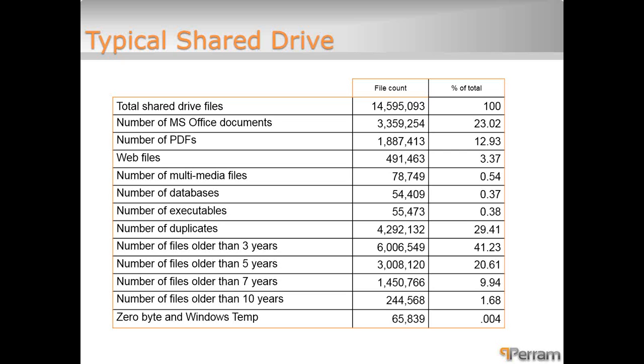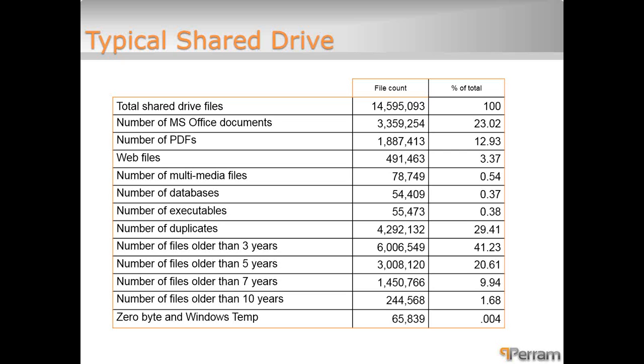Duplicates, 4.2, almost 4.3 million in this case, close to 30%, which is pretty high, but it's not outside of the range of normalcy by any means. It's something we obviously need to get our hands around. The age of content, depending on your organization, is going to vary dramatically. The type of work you do, how old the organization is, how old your content is.